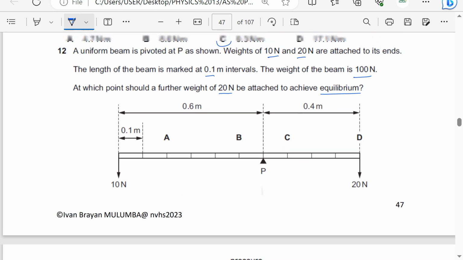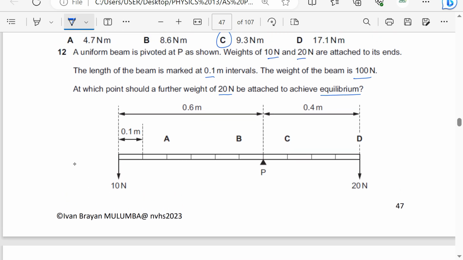So it is uniform, its weight is at the midpoint. So this is 1, 2, 3, 4, 5. Its weight should be here. The weight of the beam is 100 newtons. Okay, so the total weight on this side is most likely greater than the total weight on the other side. So it means the other weight should be placed this side.